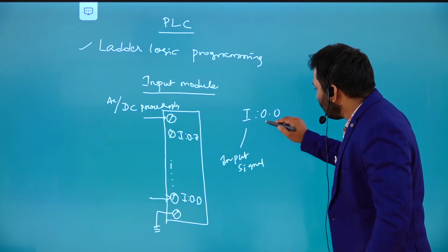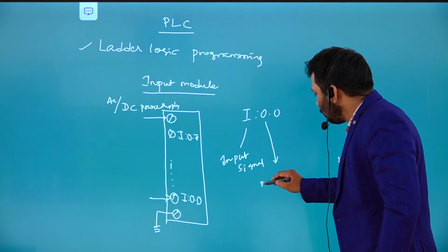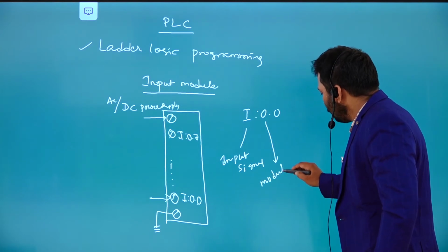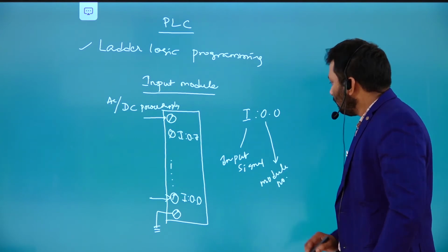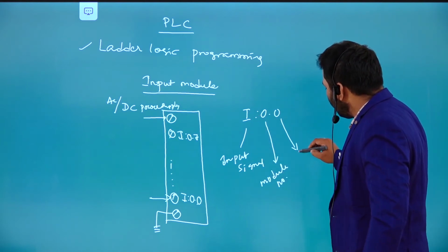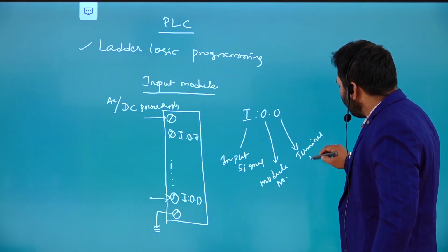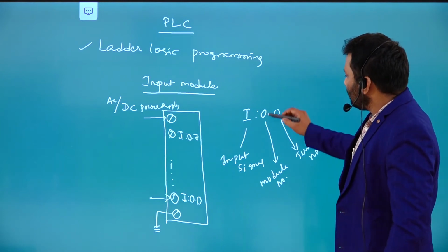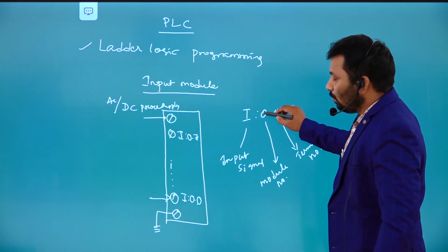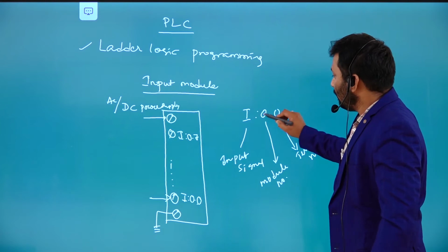And this one we are going to indicate as the module number, the module number in the PLC panel. This is the terminal number in that particular module. Why is it 0? It is the first module. That is the reason I wrote 0 here.